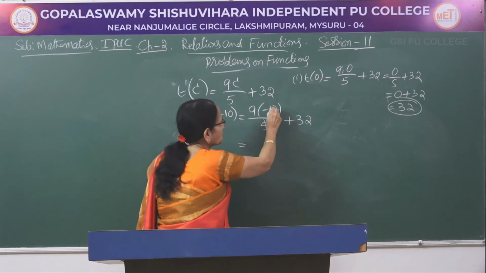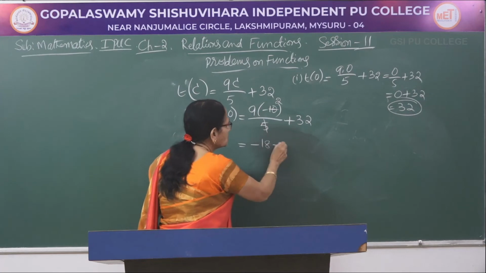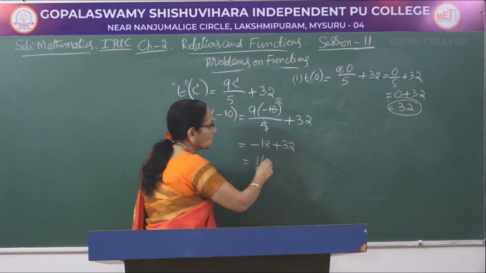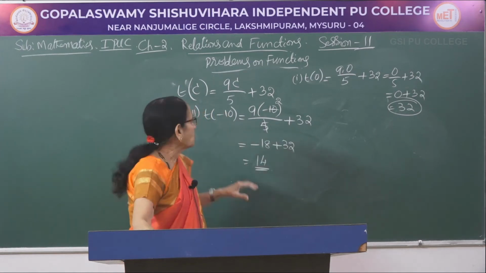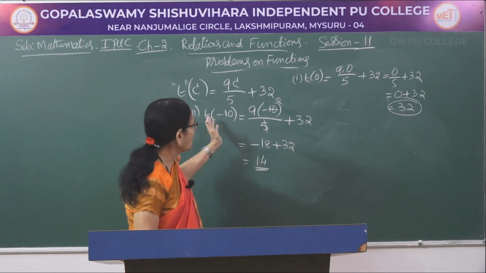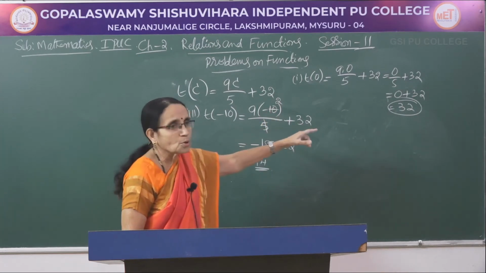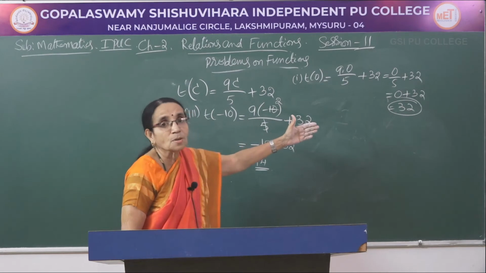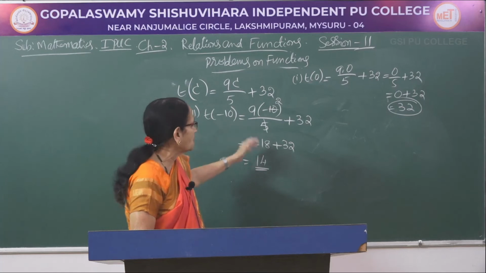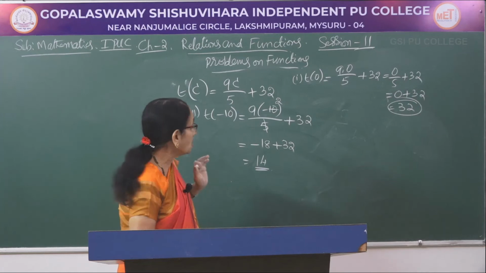Here you can do the simplification. 5 twos are 10, 9 into minus 2 is minus 18, plus 32. 32 minus 18 is equal to 14. Therefore, when C takes the value minus 10, it is converted to Fahrenheit as 14. So, if it is 0, it goes to 32. So, 32 is the image of 0, 412 by 5 is the image of 28 and 14 is the image of minus 10.